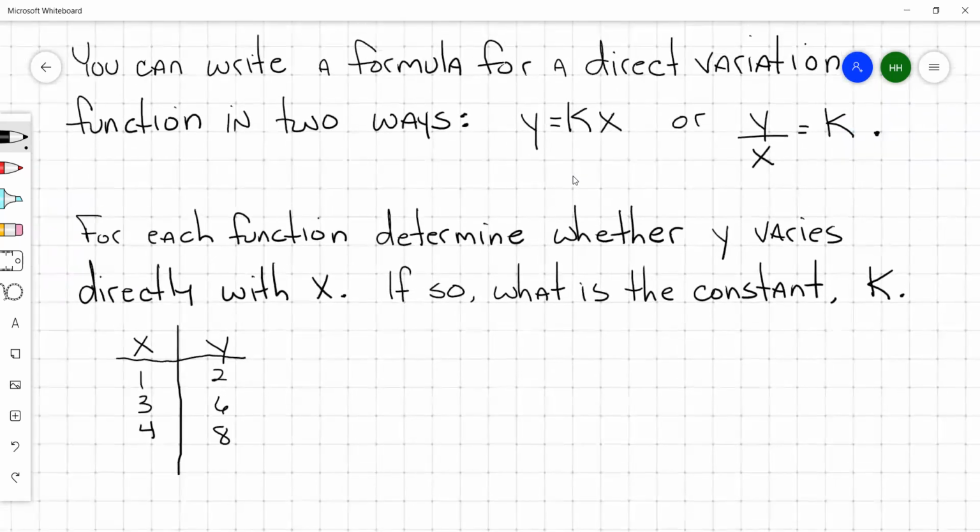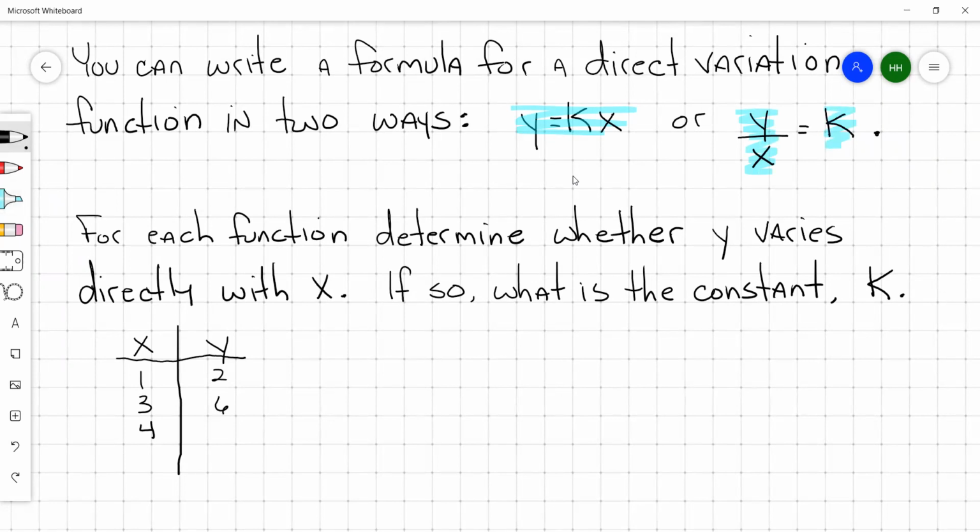Direct variation, two ways. Way number one right here, y equals k times x, or y divided by x equals the same thing every time.